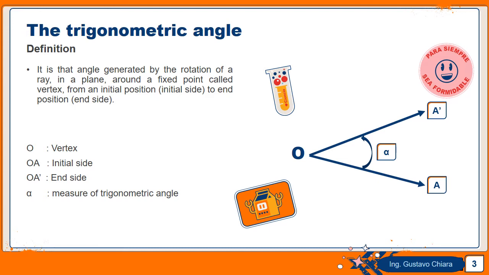For example, the ray which has the name OA, and an end position, the end side, which has another A. In the picture we can see the vertex, that is the fixed point. Ray OA is the initial side, the other is the end side, and the angle is the measure of the trigonometric angle.